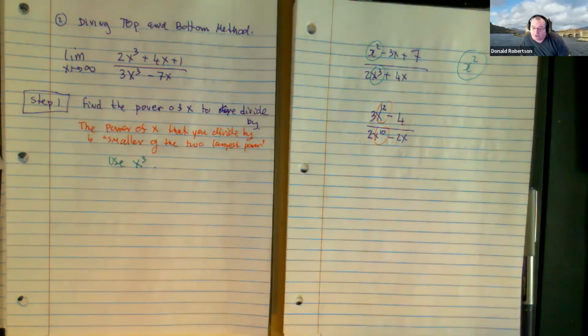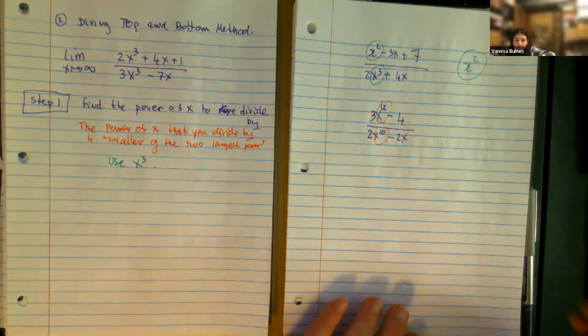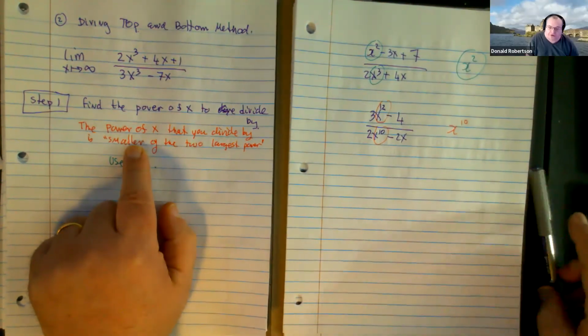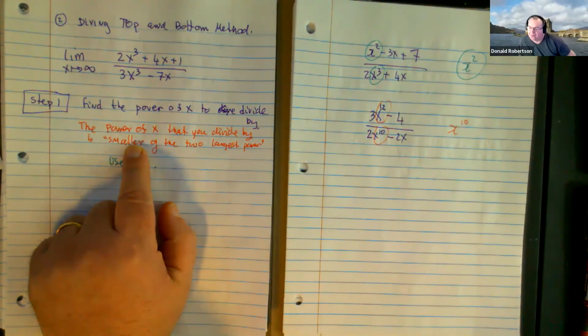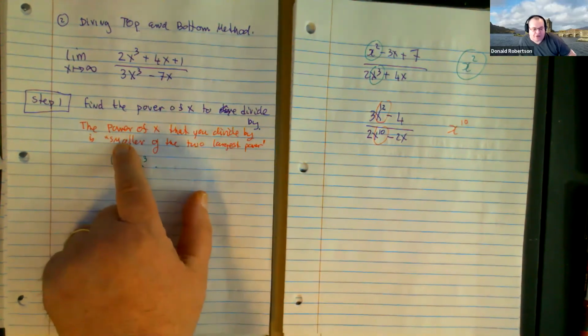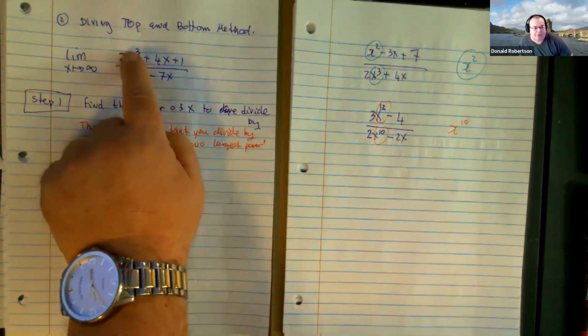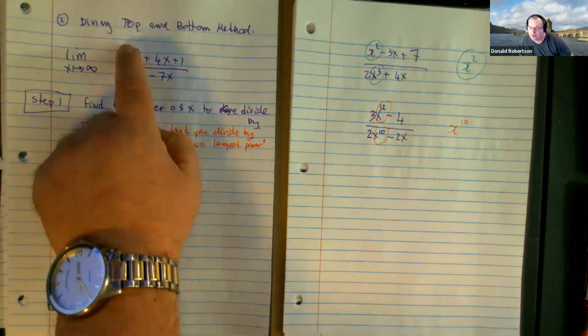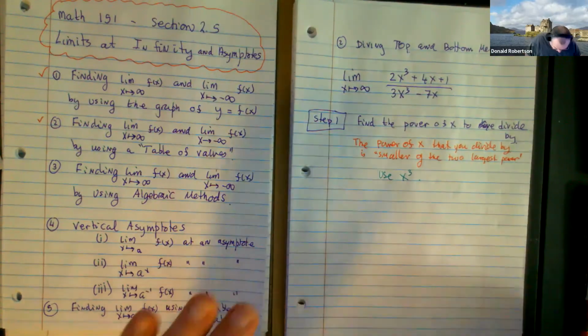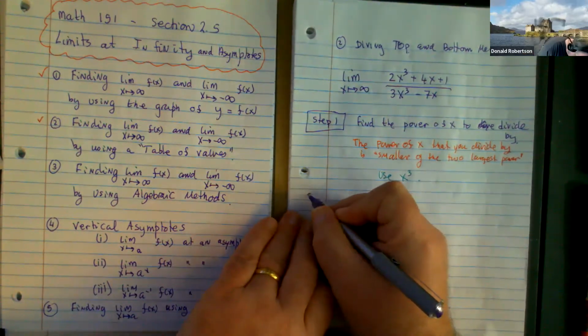Which power of x do I pick? X to the 10. Right. Okay, does that sentence kind of make sense now? You know what I'm trying to say. The power of x that you divide by is the smaller of the two larger powers, right? The smaller of these two. Now in this case, they were both x cubed, so that really didn't cause a problem, but a lot of the time that's not going to be the case.